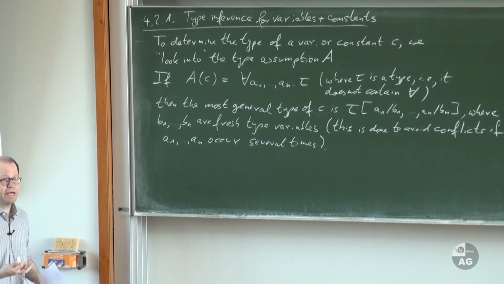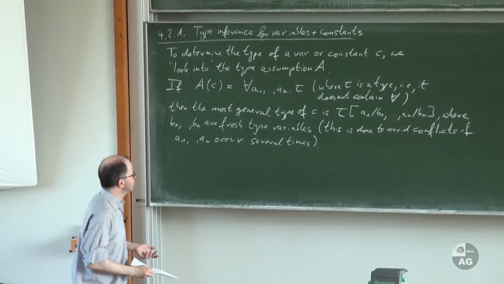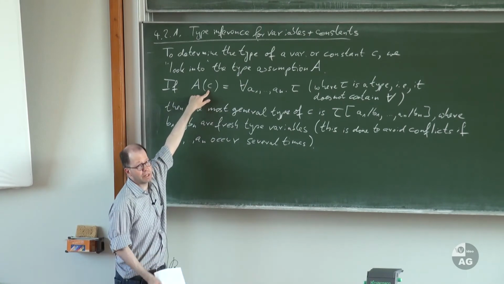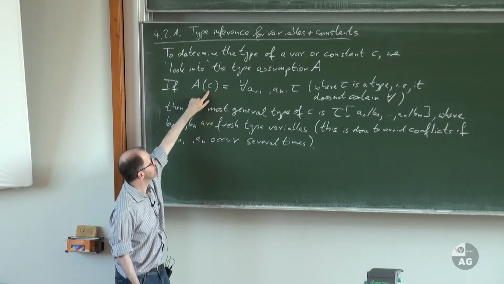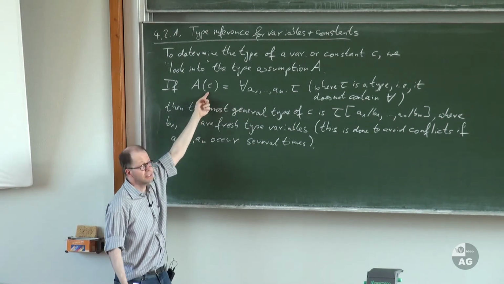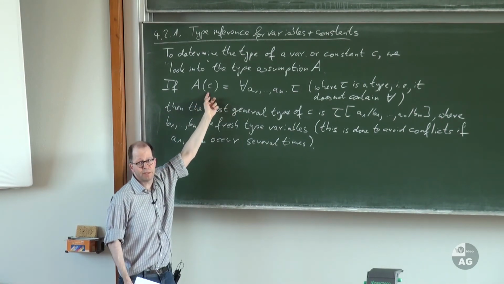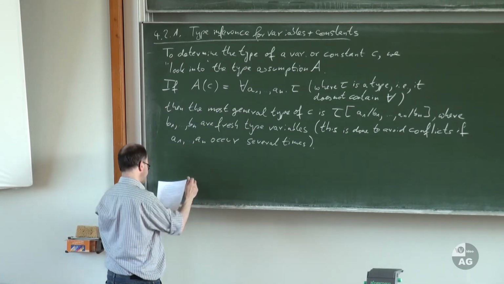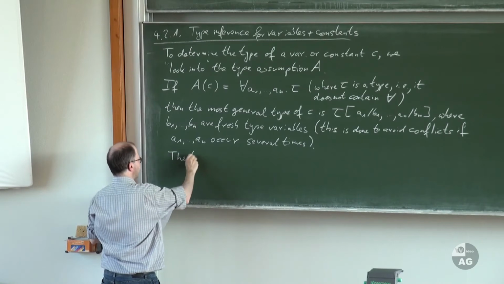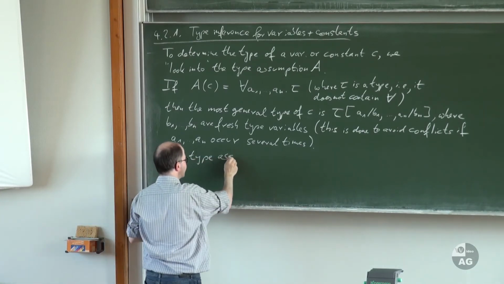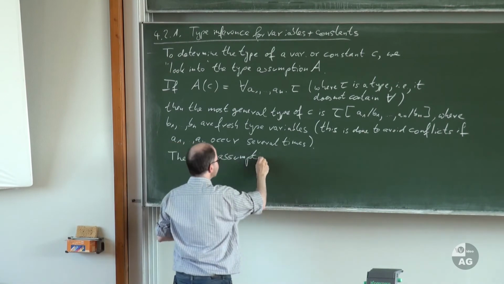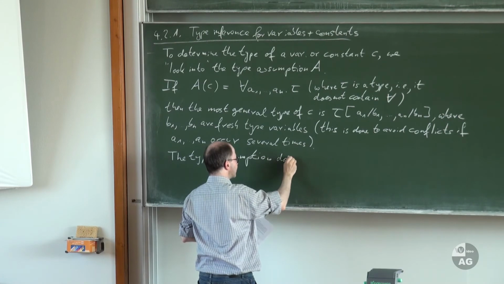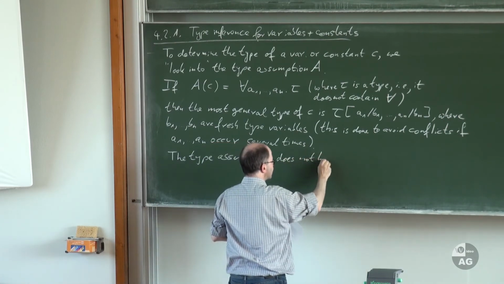And, well, do we have to refine our current type assumption? We only refine the type assumption if this is needed to make the term well-typed. Well, if the type assumption says this thing has this type, then C is well-typed, so there is no need to refine the type assumption in any way. So the type assumption does not have to be refined because our term C is already well-typed without refinement.